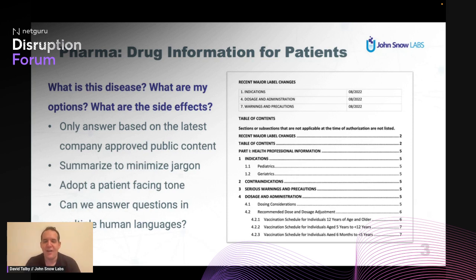What if I implant this device? What are the side effects? Why should I be worried about something I heard on the news or on Google? Do I need to make any lifestyle changes? And you want to have this nice friendly chatbot that can talk to me not in medical jargon but in my own terms, ideally in multiple languages, and answer those questions.